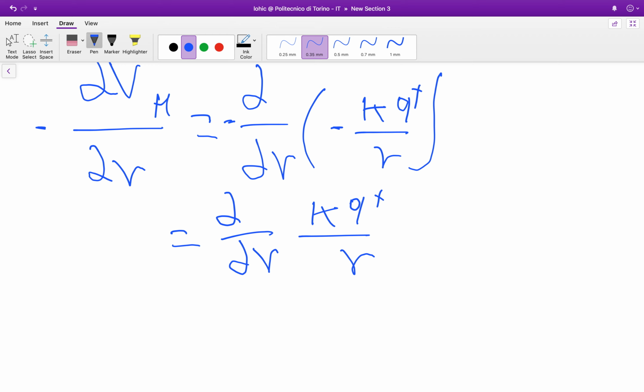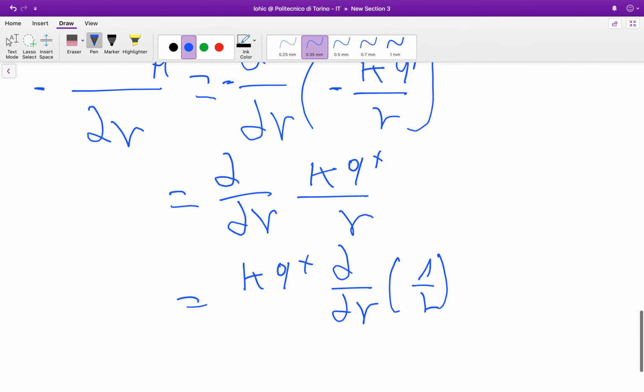Now what is this derivative? We are differentiating with respect to R, so this will be K times Q plus multiplied by the derivative with respect to R of 1 over R. Doubts?